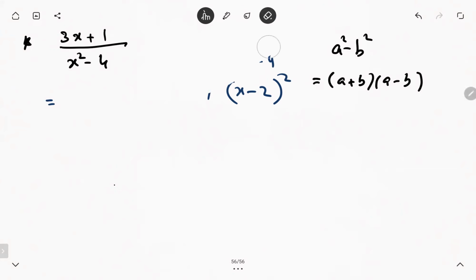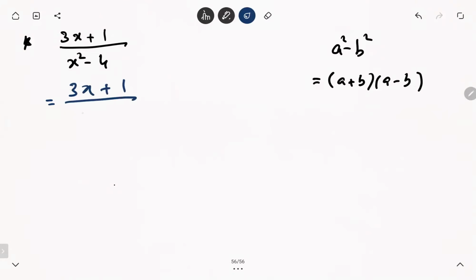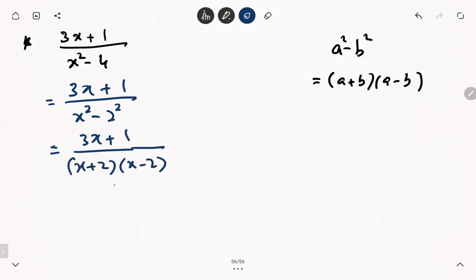So हम ऐसे नहीं लिख सकते. हम इसको कैसे लिख सकते हैं? We can write it like x square minus 2 square, separate squares, and the identity a square minus b square is a plus b, a minus b. So it will be 3x plus 1 over x plus 2, x minus 2.